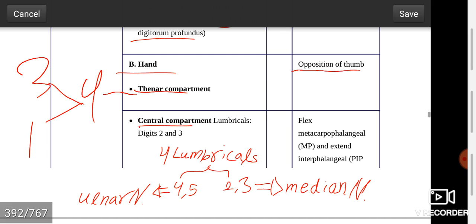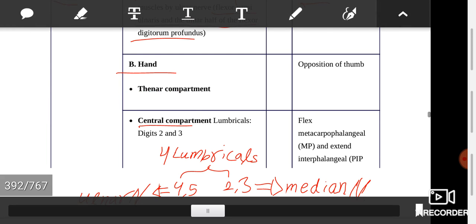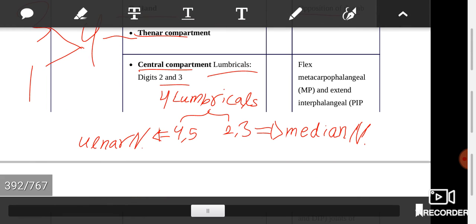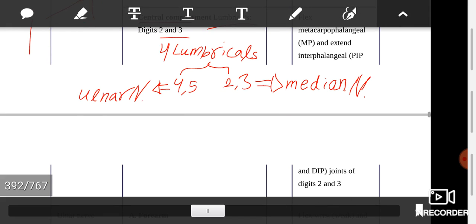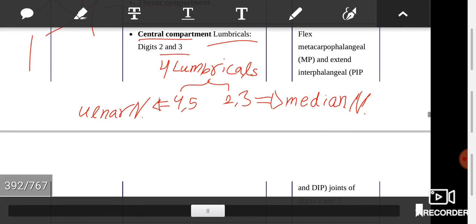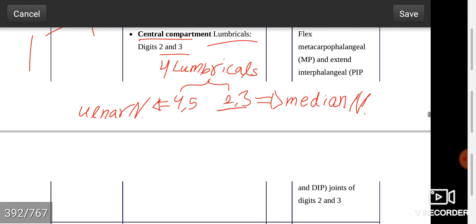In the central compartment, the lumbricals of digits 2 and 3 are innervated by the median nerve, and we have 4 lumbricals in the hand. Lumbricals of digits 2 and 3 are innervated by the median nerve, and those of digits 4 and 5 by the ulnar nerve.